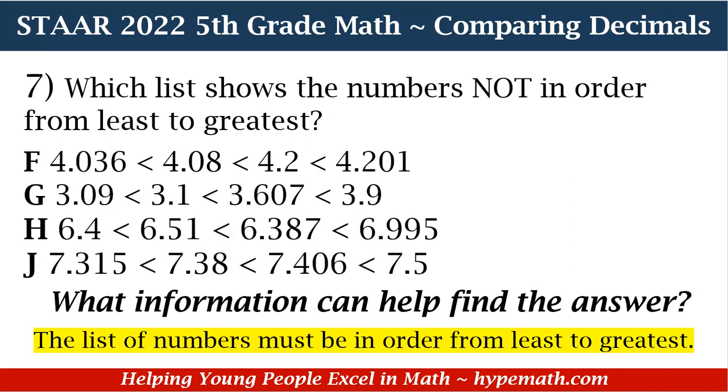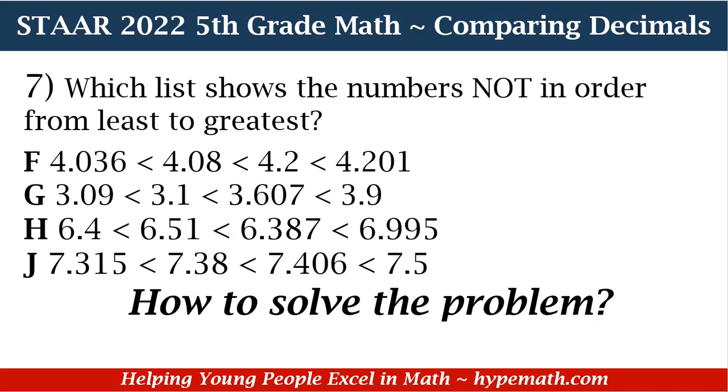The information that can help find the answer is just a list of numbers because we need to order them from least to greatest, or determine as we're listing them and going through our steps which one does not have a list from the smallest number to the greatest number.